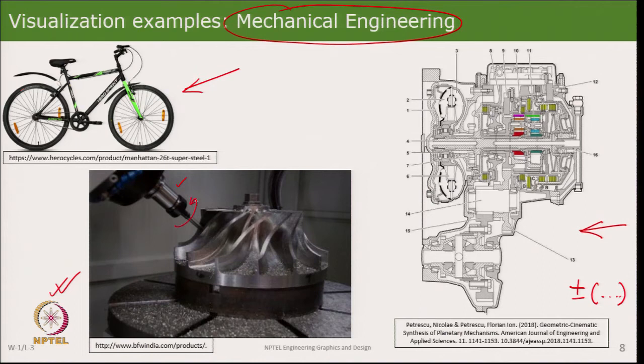This is spinning, and the tool can be made to move in 2-3 directions, whereas this object can be adjusted in this direction. So, you have a combination of maybe up to 5 degrees of freedom of motion coming together to make this complex shape out of a solid block of material.